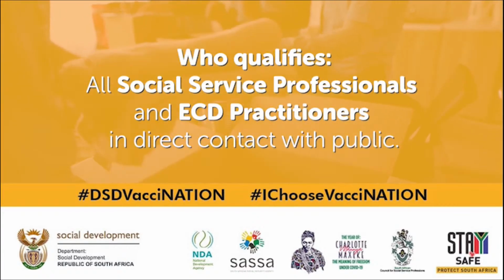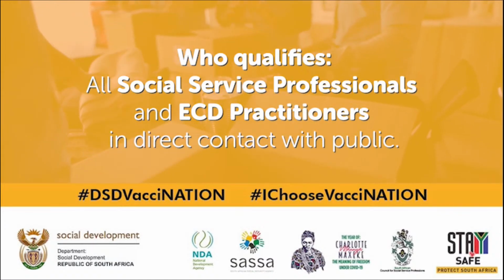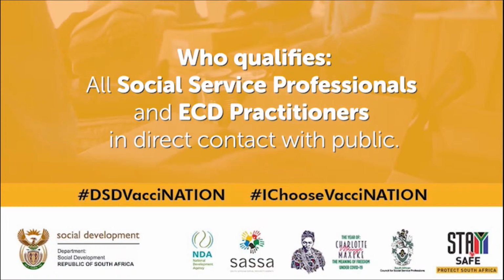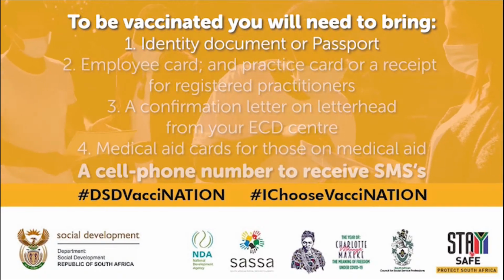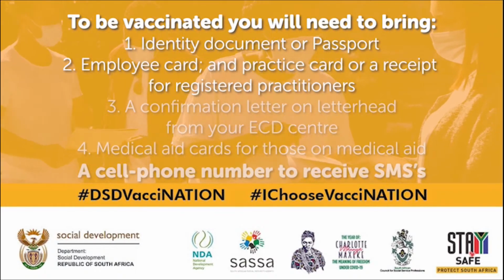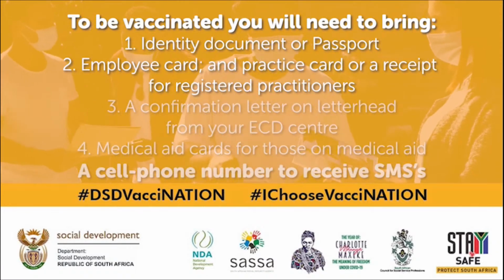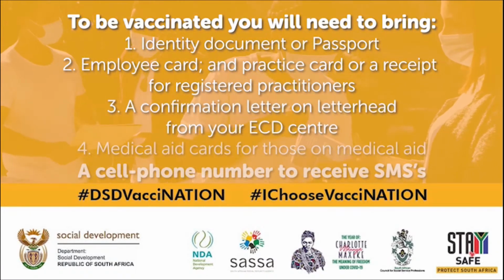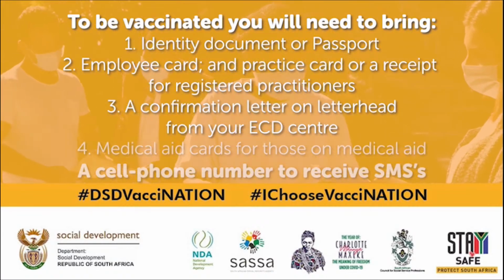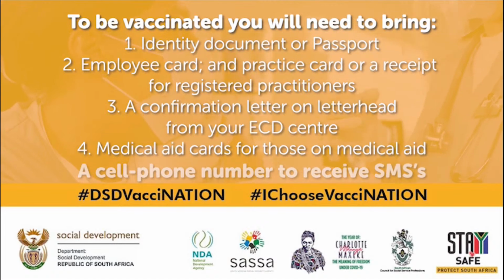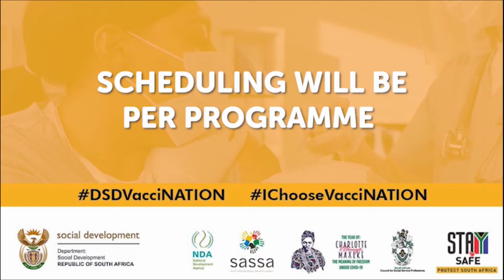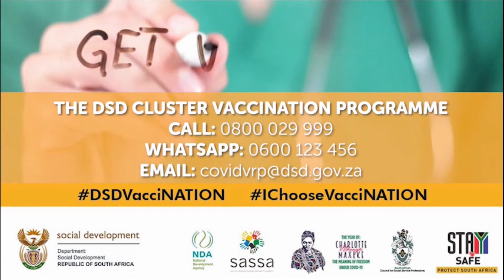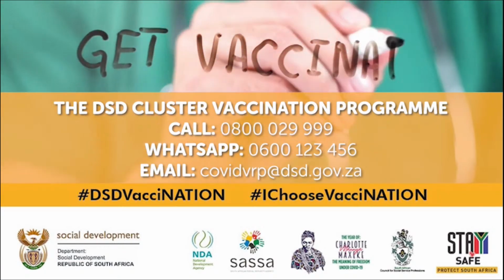If you work in the social service sector and are registered with the South African Council for Social Service Professions, you will be preloaded onto the EBDS system. To be vaccinated, you will need to bring your SA identity document or passport, your employee card and practice card, or a receipt for registered practitioners, a confirmation letter on letterhead from your ECD center for ECD practitioners, medical aid cards for those on medical aid, and a cell phone number to receive SMSs. Please speak to your program manager about where and when your vaccination is scheduled. To check that you are included in the DSD cluster vaccination program, use these contacts.